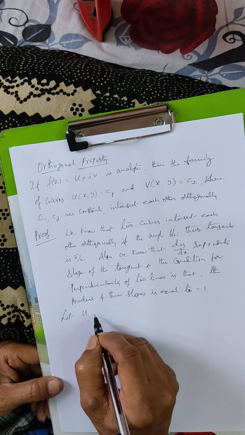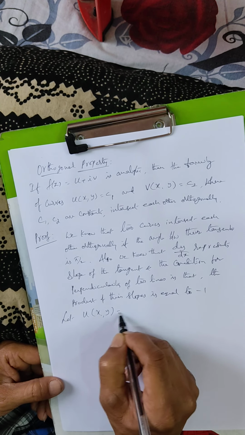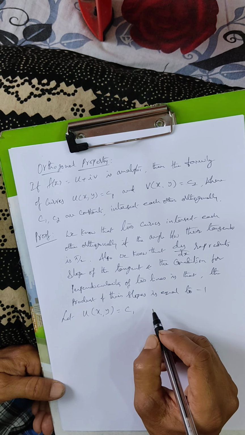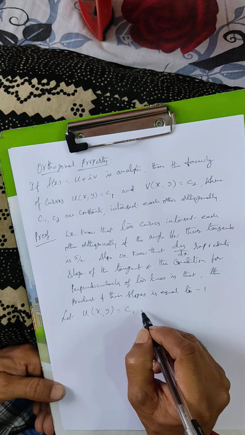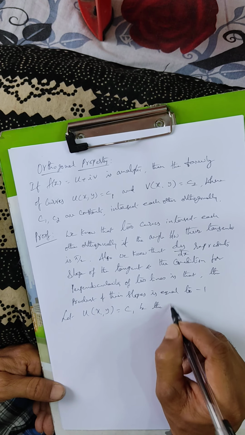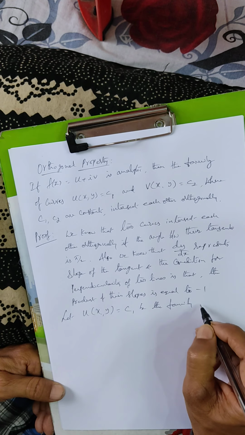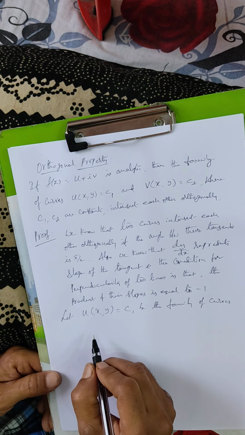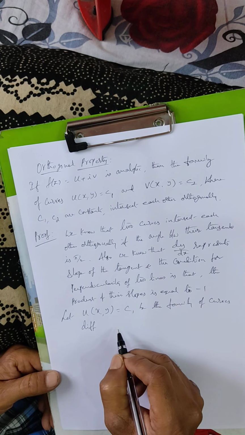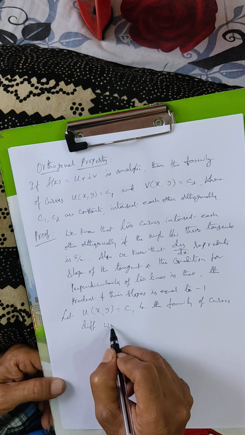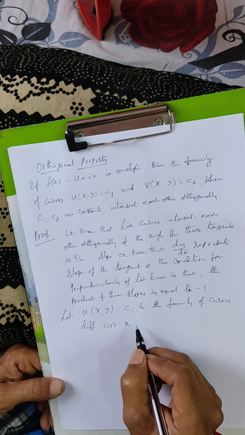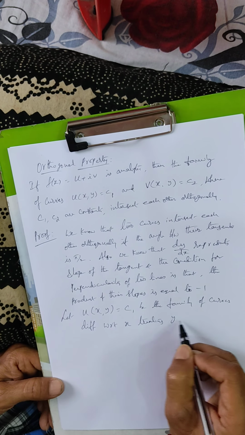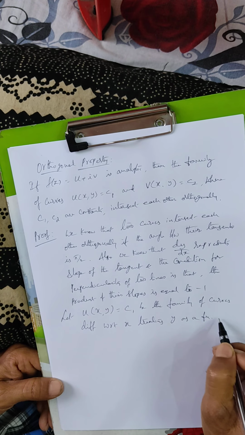Let u of x comma y is equal to c1 be the family of curves. Then let us differentiate with respect to x, treating y as a function of x.